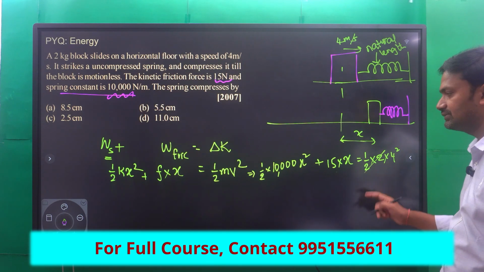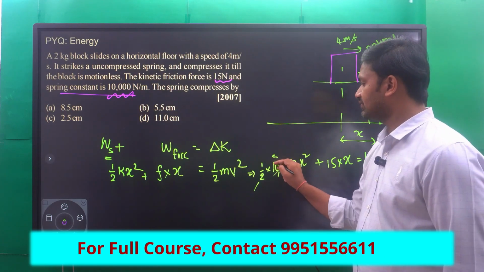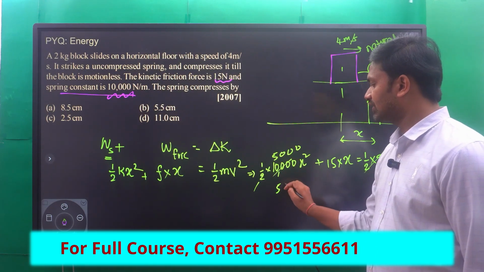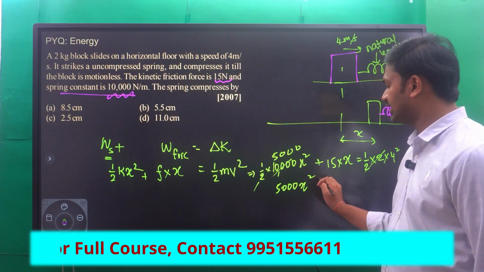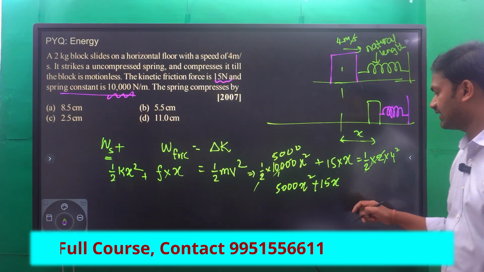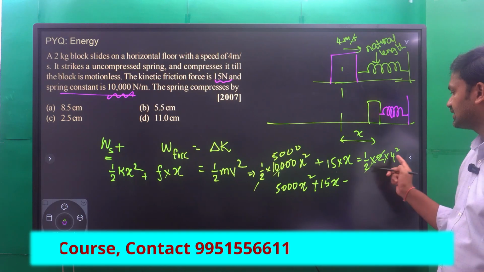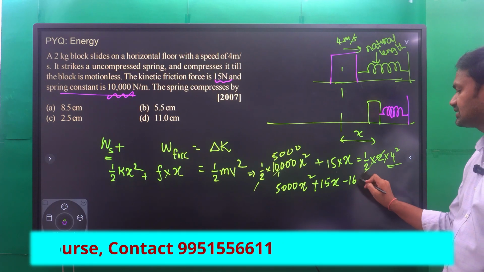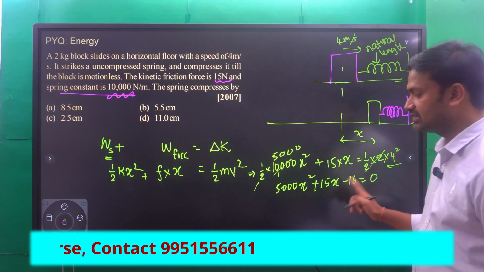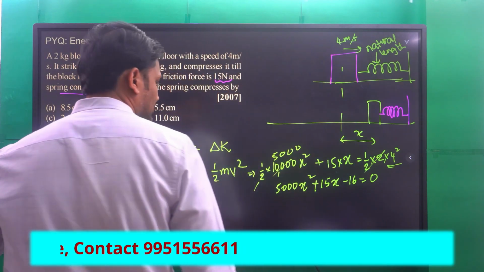So 2 cancel here, so this is 5,000 times x square plus 15x. By sending this other side, 4 square is 16, sending minus 16 here, it will become minus 16.